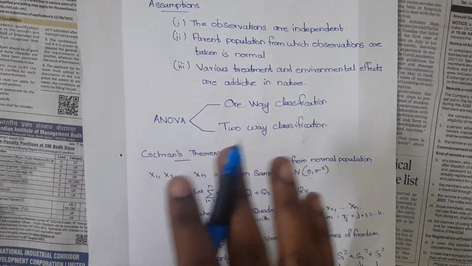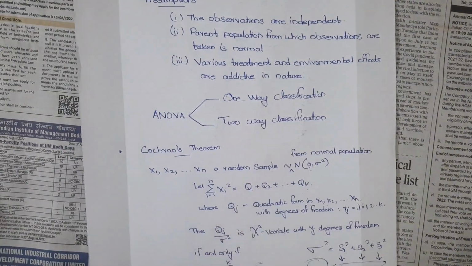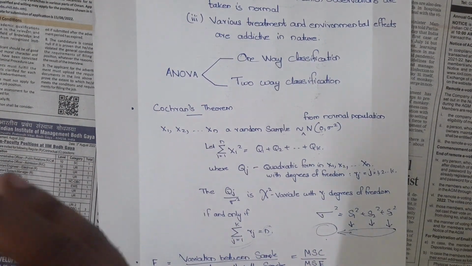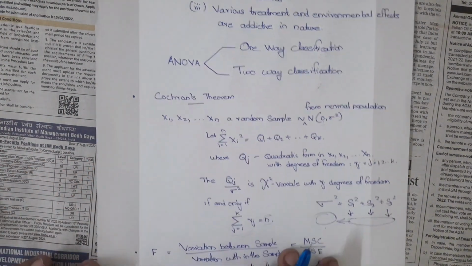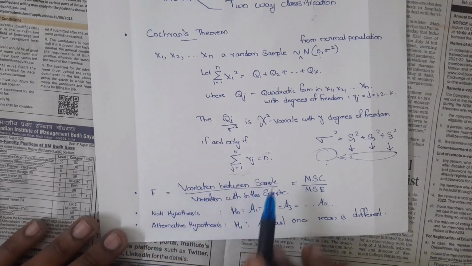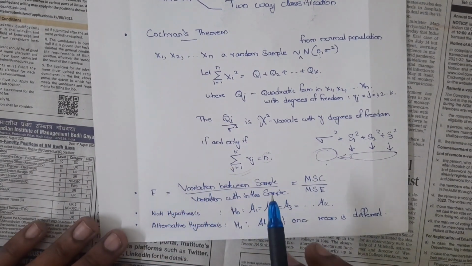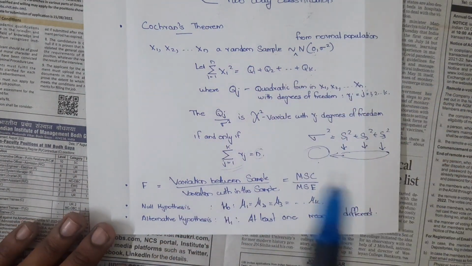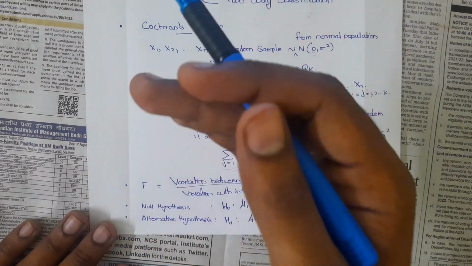There are two types of classification, one-way and two-way. Cochran's theorem states that the sum of degrees of freedom is equal to the total degrees of freedom, and F is equal to variation between the samples divided by variation within the sample, that is the observation variance.